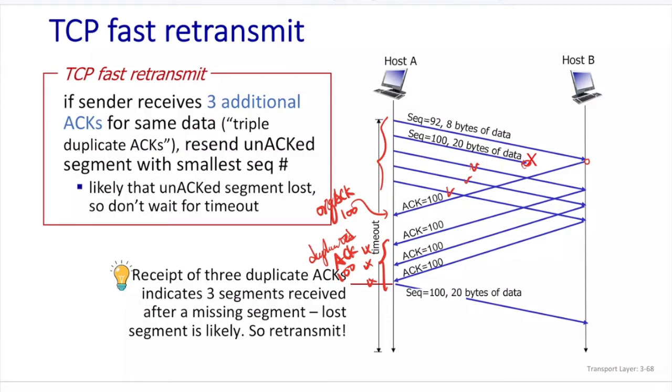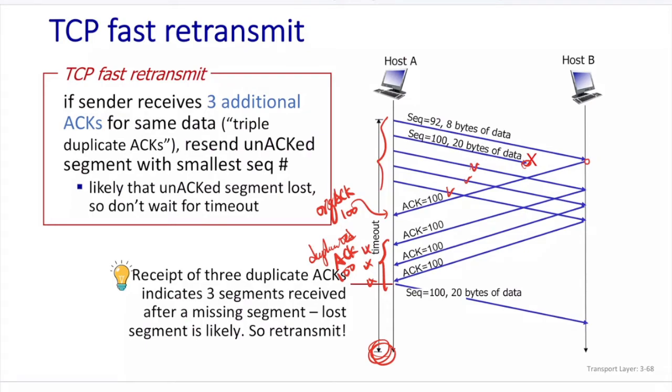But you know the timer right here, the timeout is a little bit longer. So you have to wait until the second packet times out, and then host A can retransmit the second packet. But we believe that it is inefficient because you have to wait until the timeout.